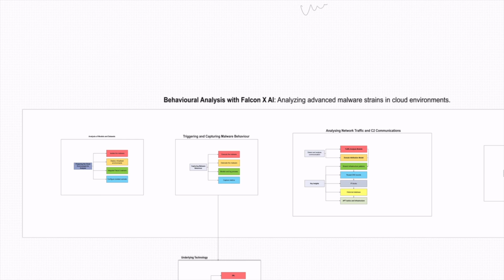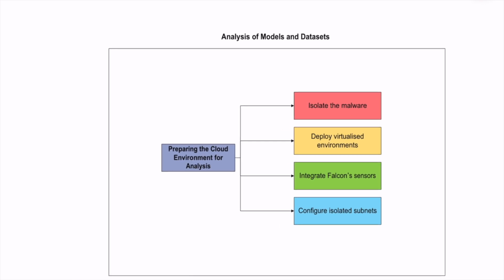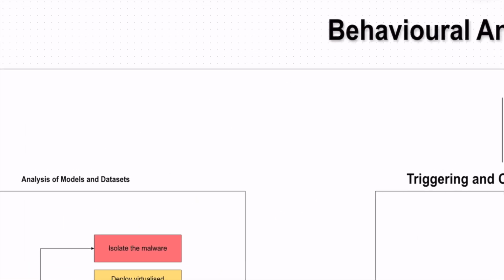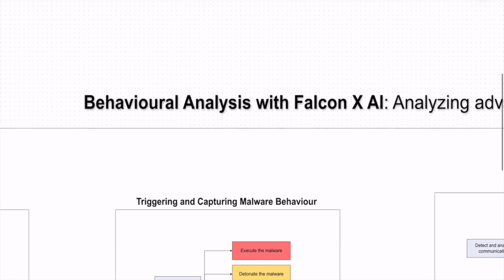We're in the iPad now, so as you can see, I can draw. Let's start from the very first slide that we have on the Falcon model. Actually, before we get into this, let's talk a little bit about behavioral analysis with Falcon X. Falcon X employs AI models to improve malware analysis by observing the behavior of files.